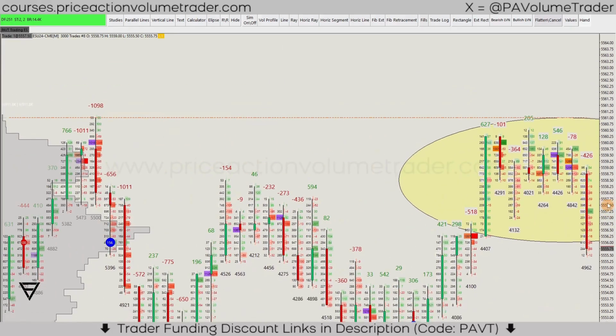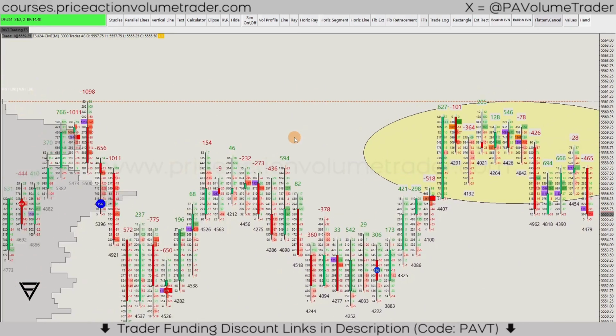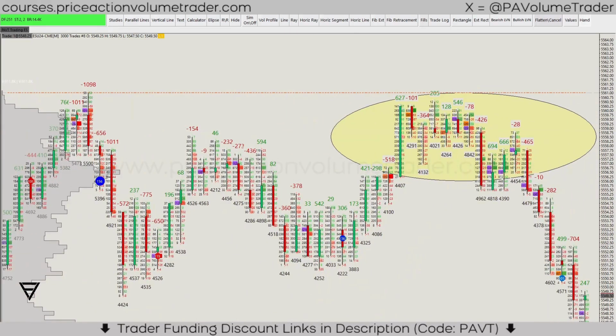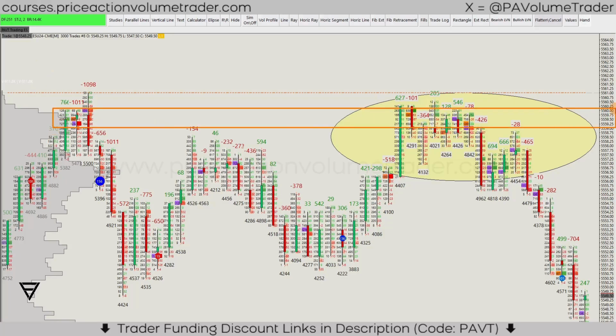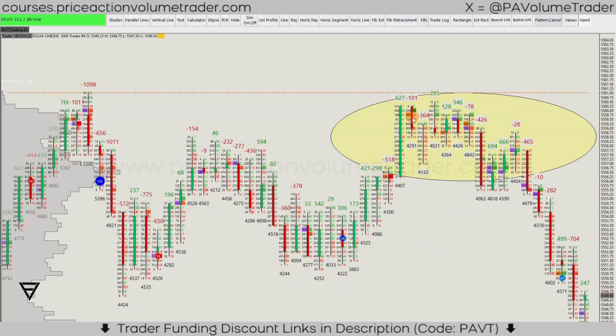And then if I zoom out and I highlight that area, you can see this area of big volumes proved to be a very significant area of resistance when we came back into a retest of this level. And then what do we see here?